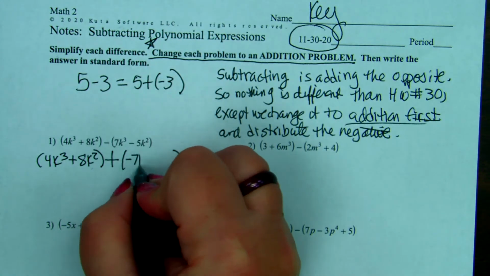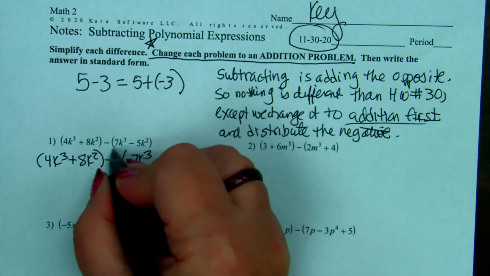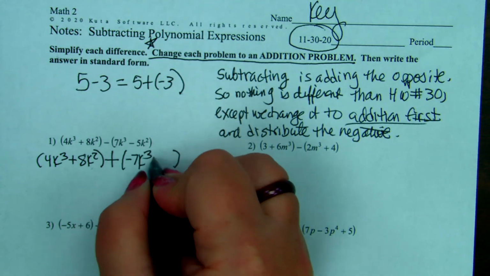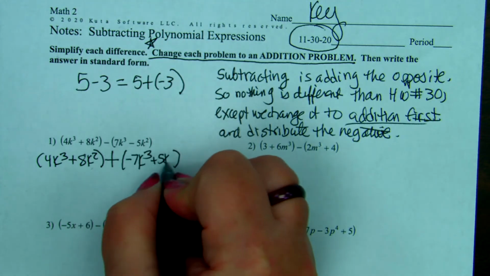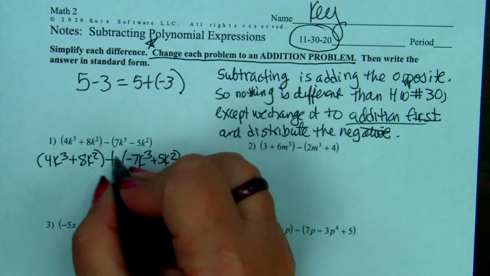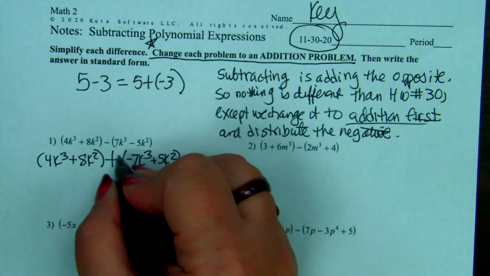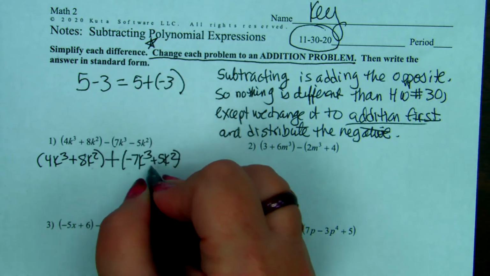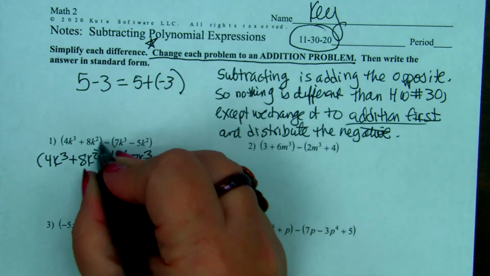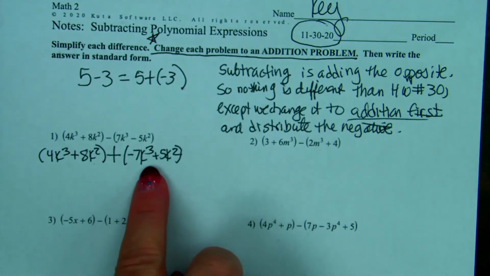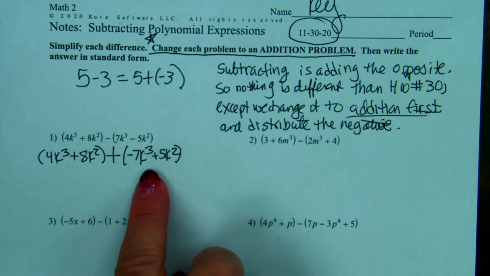Negative k cubed, because it was positive k, 7k cubed, and it was negative, so now it's positive 5k squared. I changed the sign. I distributed the negative, so it goes plus negative, and negative times negative is positive. I distributed the negative. I changed the signs of the terms that are inside the parentheses.